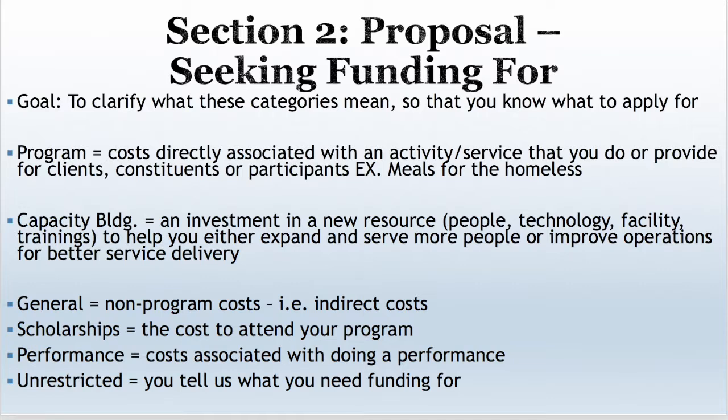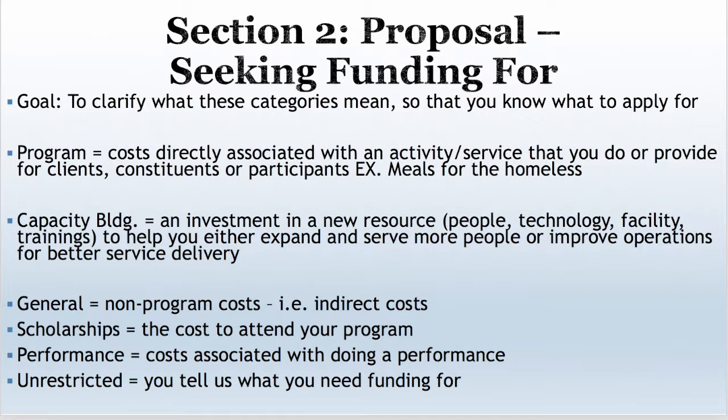In addition to that, we have your standard basic program funding, which is cost directly associated with your program. We have a capacity building option, which is really an investment in any new resource, be it people, technology, trainings, facilities, that will help you to better serve your constituents and improve your program as well as your organizational capacities.